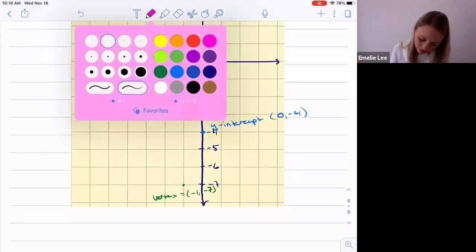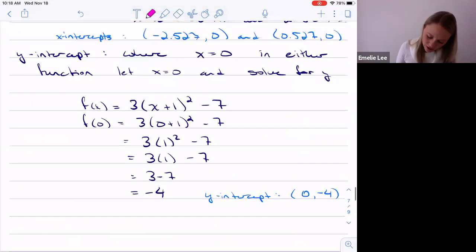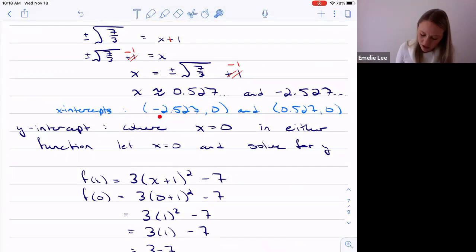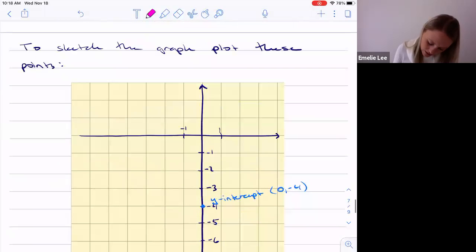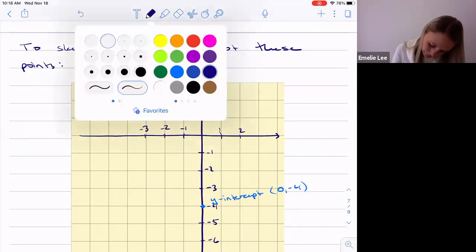I also found roughly the x-intercepts, right, because these are approximations, at -2.5 and 0.5, right? I don't have a great scale, so -2.5, -2, -3, -1.